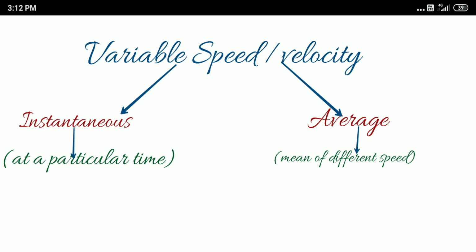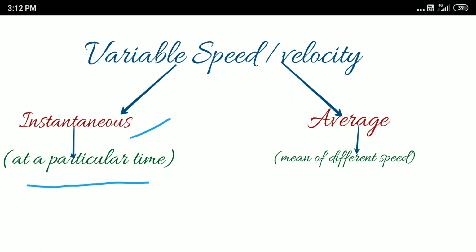That means there are two ways we can find its speed. Either we have to check the instantaneous speed. So what do you mean by instantaneous? Instantaneous means at a particular time or at that time.